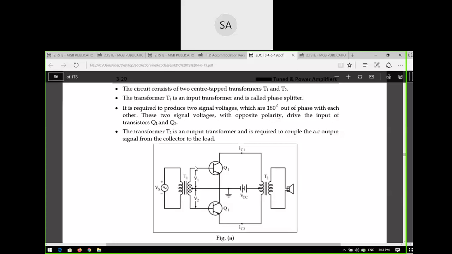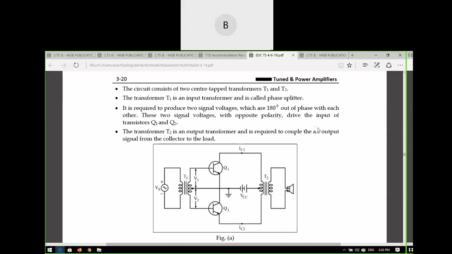What is the load here? Load is the loudspeaker here. Correct or not? This is the loudspeaker. You will couple this voltage, the output of the transformer T2, to the load.